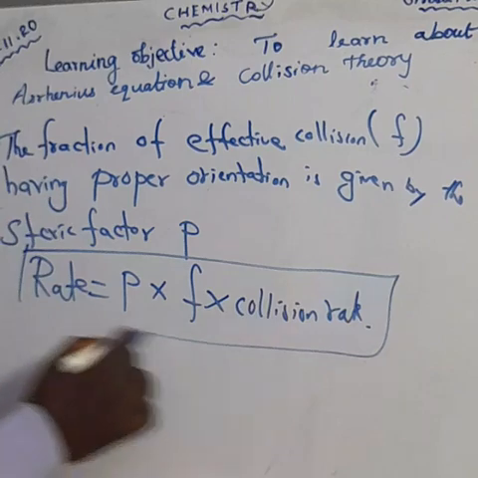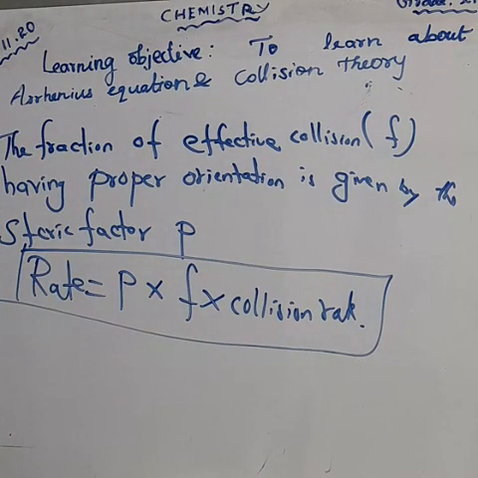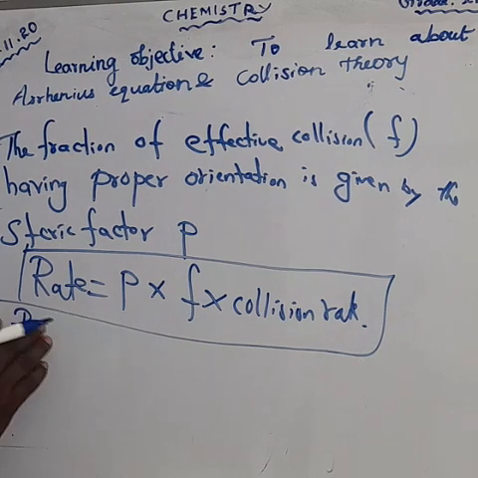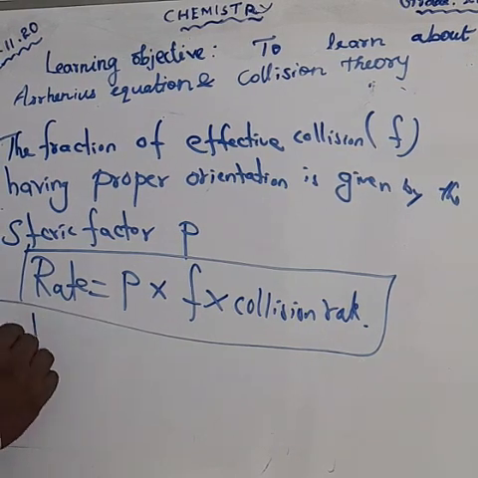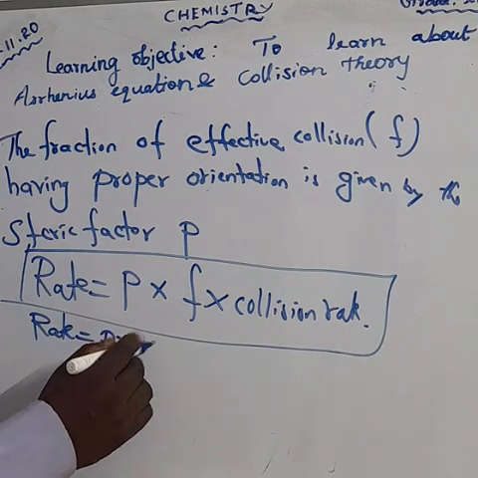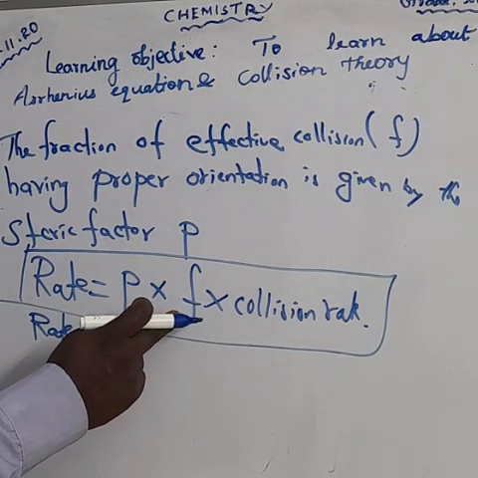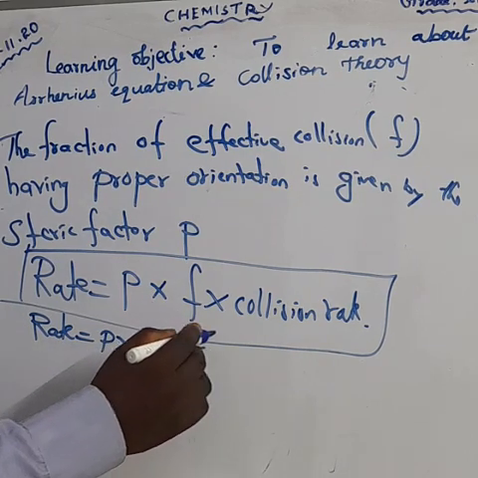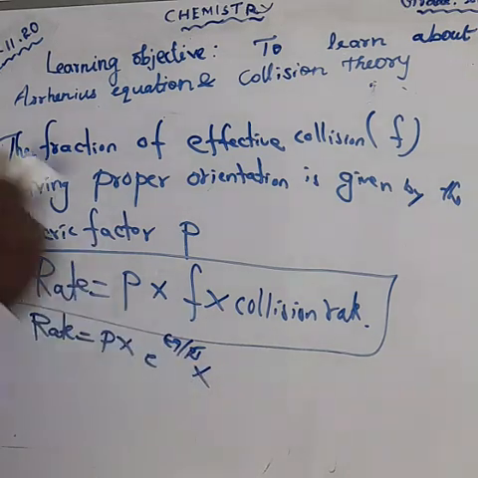Okay, rate is equal to, what is about the P? Steric factor and the effective collision into collision rate. So, rate is equal to P into that F can be written as already told you, that is e to the power minus EA by RT, into one of the constant we are using.